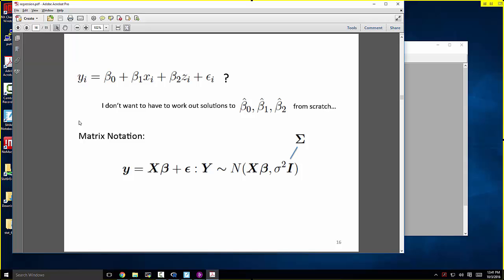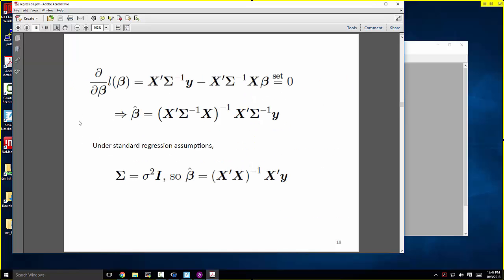Working from that and the traditional assumptions of the regression model, that we have IID observations and constant variance, we figured out the maximum likelihood estimates of the regression coefficients, beta hat. So we now know for any regression model, under the standard assumptions of IID residuals, how to estimate the intercept and slopes and all of those things.